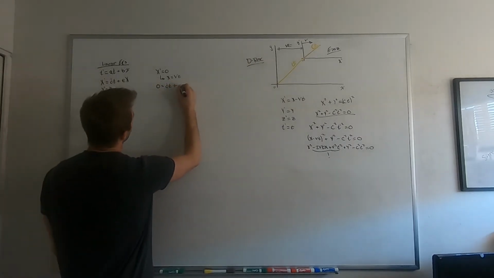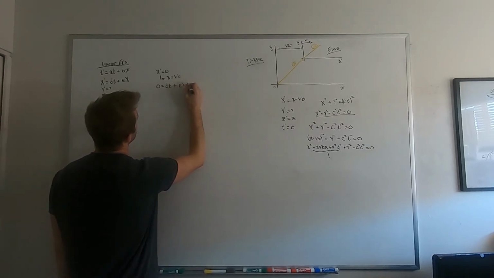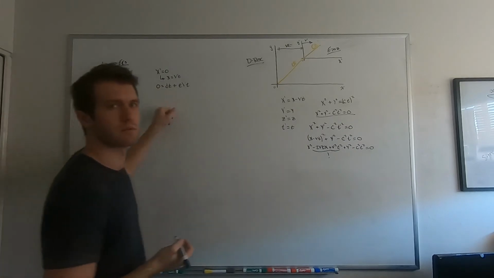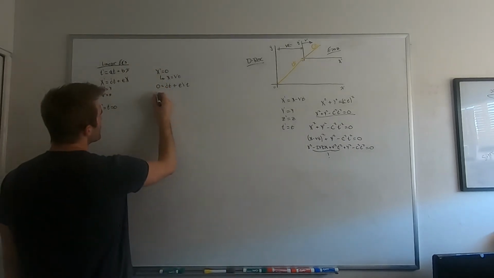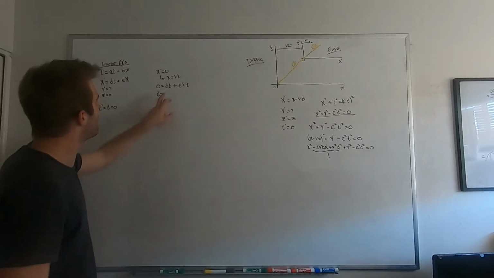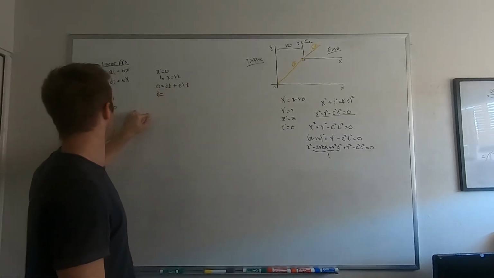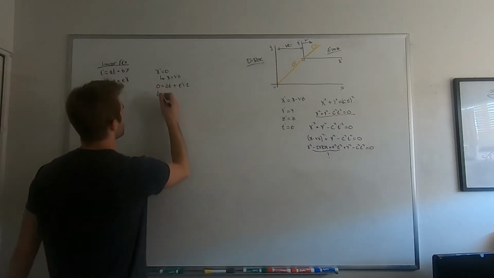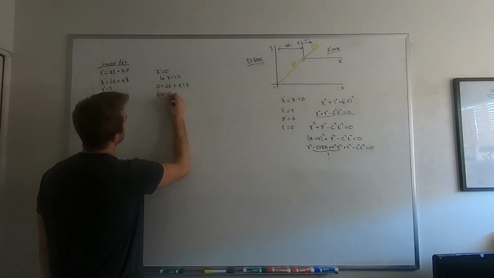So 0 equals dt plus e times v times t. Now let's solve for d here and see what that gives us. If we were to move this all over and get rid of these t's, we would end up with d equal to minus e times v.